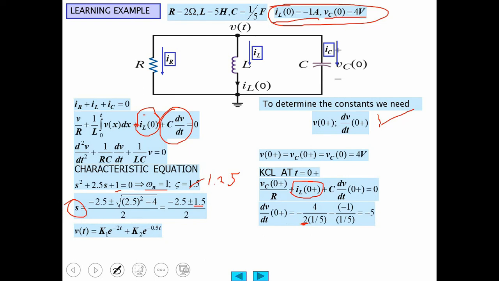And they have to divide by C also. RC. 4 volts over RC to get to here. And the negative sign because it's on the right hand side of the equation.